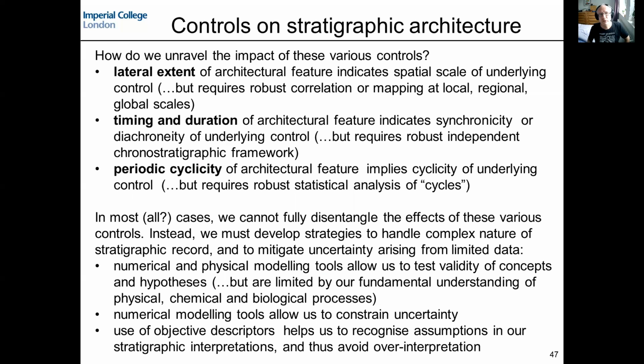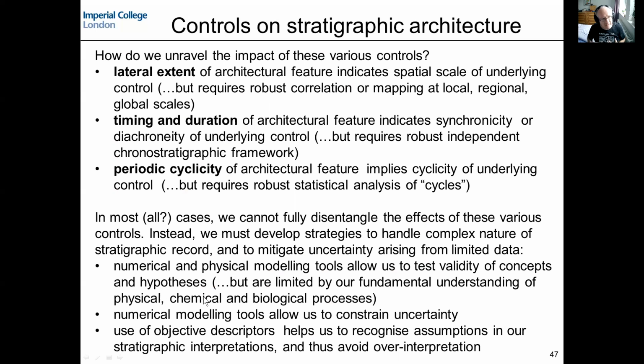The one note of caution here, though, is that in a strict sense, we can have most confidence in demonstrating cyclicity if we apply some statistics to the patterns that we're seeing, and those patterns meet the statistical requirements to demonstrate this cyclical arrangement. So those are a few things that we can do.